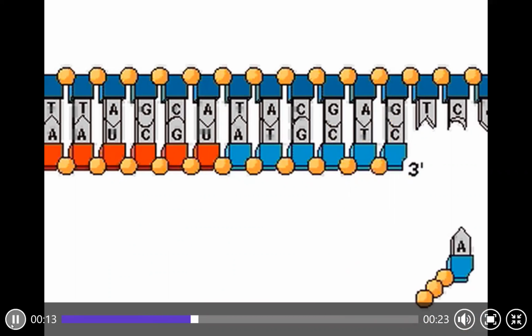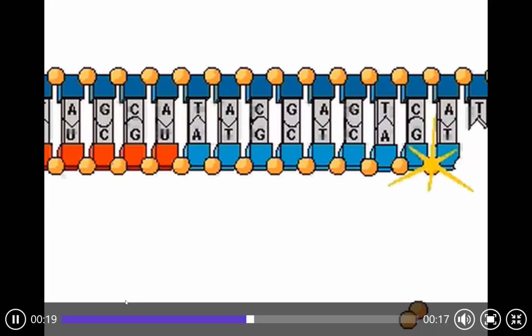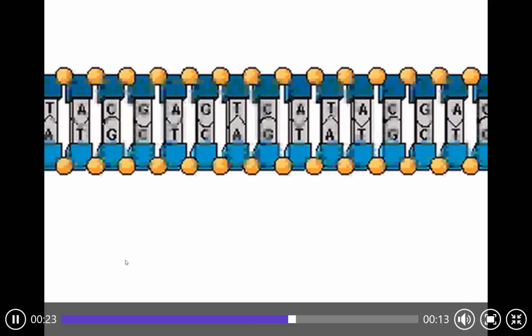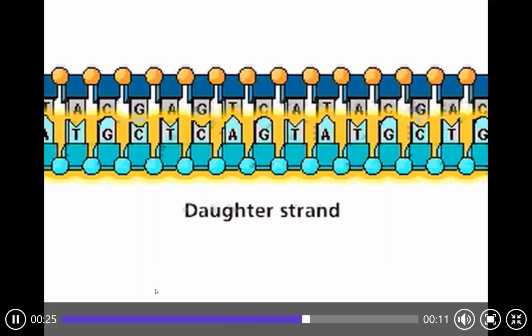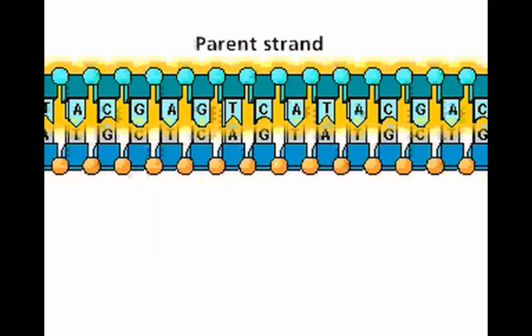Where you see the letter T, you put in an A, you see the letter C, you put in the G, and you'll notice that the end is 3' because we're building 5 to 3. Okay, that's what we talked about last time. That's called the daughter strand. That's the strand that you're making from the template strand or the parent strand.